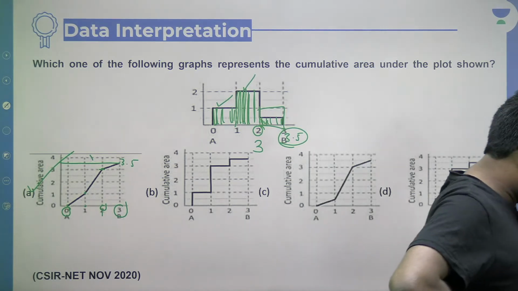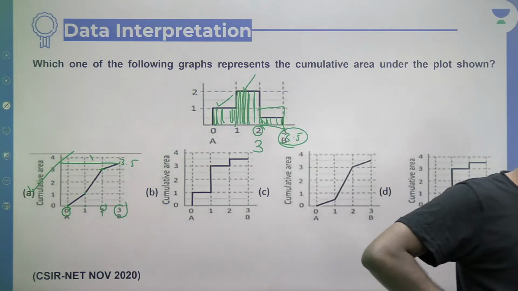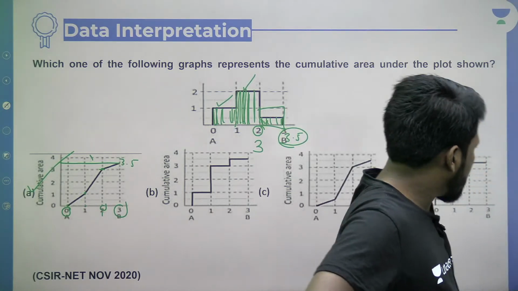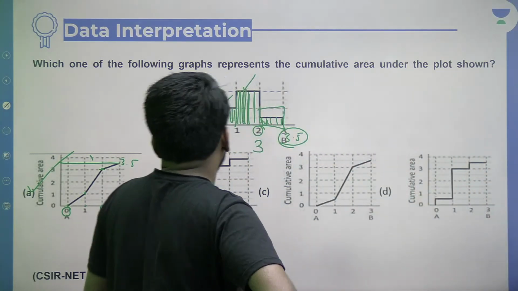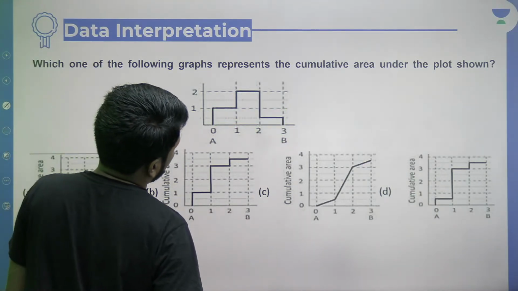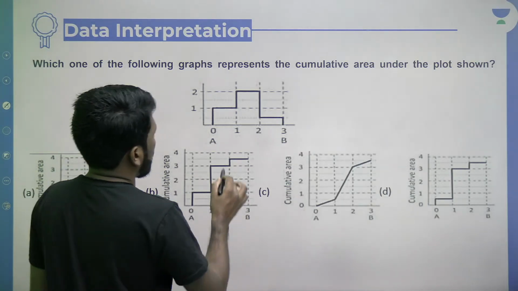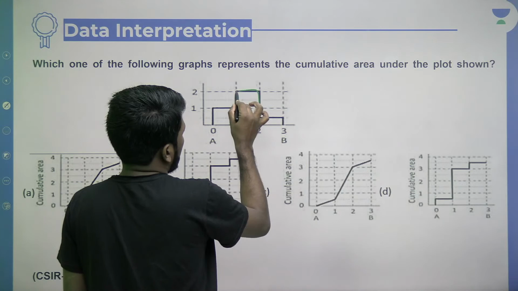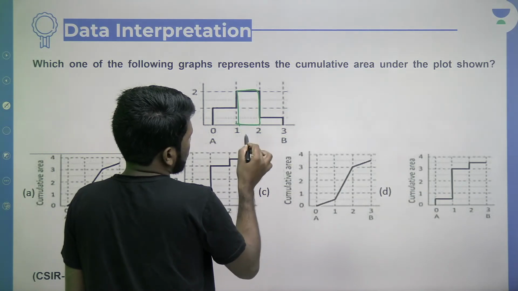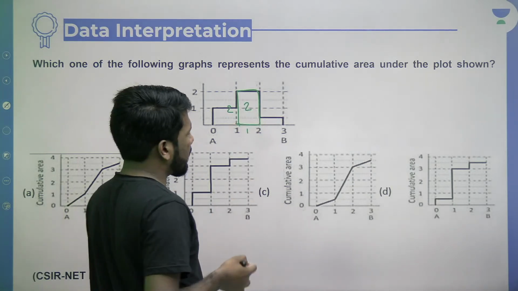Movu, are you asking about the original graph or the answer options? In the original graph, the area covered is actually plotted. From 1 to 2, this region, the area covered will be this rectangle. You can consider 1 into 2 area, na? That way you can think.